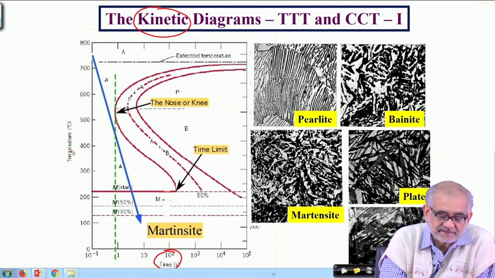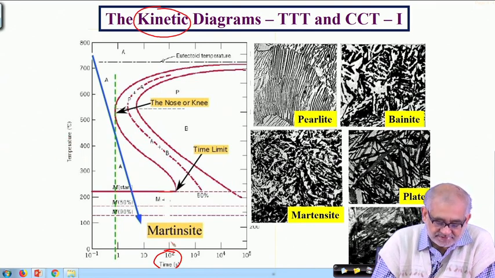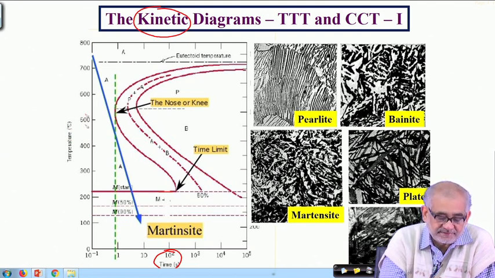And here's a kinetic diagram which is nothing but a temperature-time diagram. So when you are varying temperature and time independently, how does the microstructure change? And this is basically explained in terms of certain boundaries of transformations. For example, this is one curve which shows the beginning of a particular type of transformation.